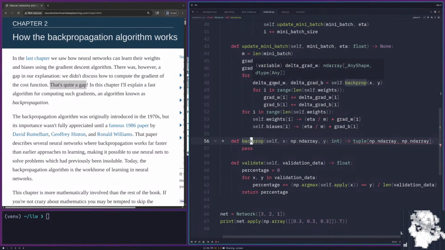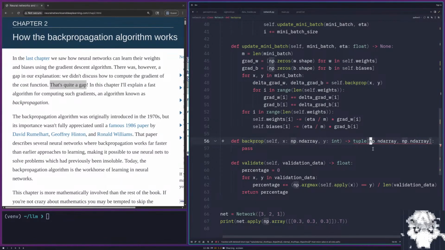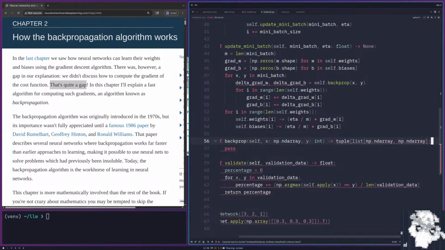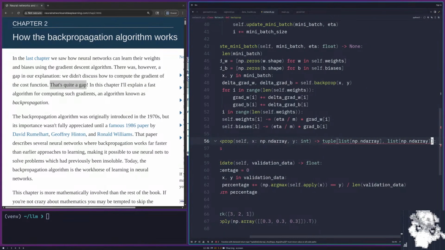It returns a tuple. The tuple is the W's and the B's, but then it's a list of W's and B's. So this should be a tuple of a list of this. There's only one in here, right? The tuple is that there's two lists.